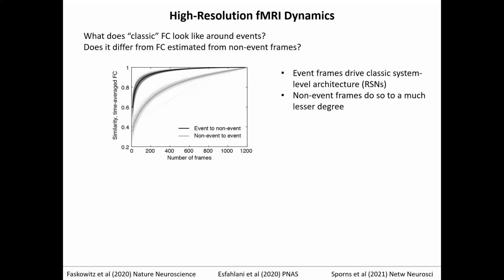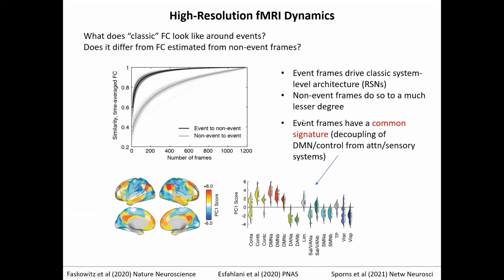It wasn't something we had understood when we got into this, but of course, in hindsight, it should have been obvious to anybody for years, but it hasn't been. Non-event frames contribute much less to the overall functional connectivity. And there's a common signature of events across the brain, which involves a decoupling of the control and default mode systems from those task-positive areas in the brain that we encountered before in Makoto's work. Remember that, with the windowed analysis, which is related.